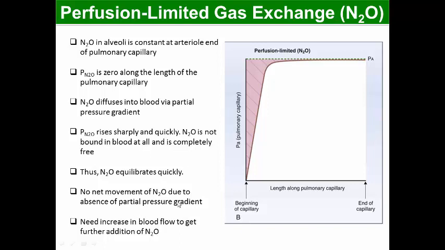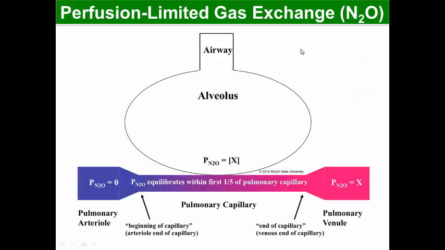In fact, nitric oxide takes a shorter distance and less time even than oxygen to get equilibrated between the blood in the pulmonary capillaries and the air in the alveoli.